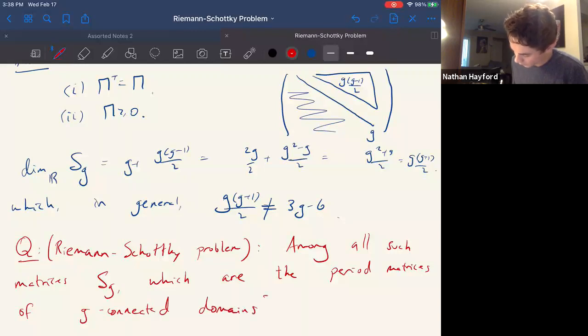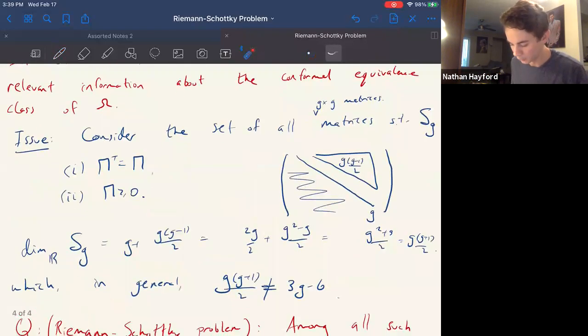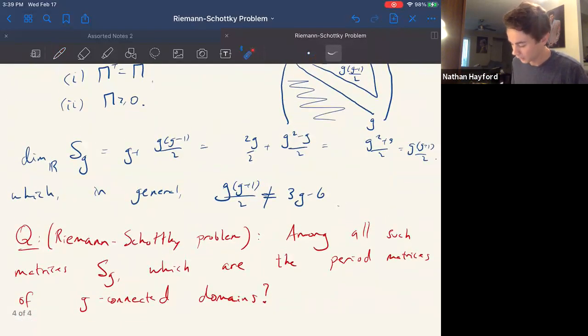So this is the problem, which was posed by Riemann-Schottky, so on and so forth. Again, there's this discrepancy in the dimension of the space of both these matrices versus the space of actual plane domains of genus G. And we would like to know, among all such matrices, which ones are actually the period matrices of Riemann surfaces, and not just some random matrix.